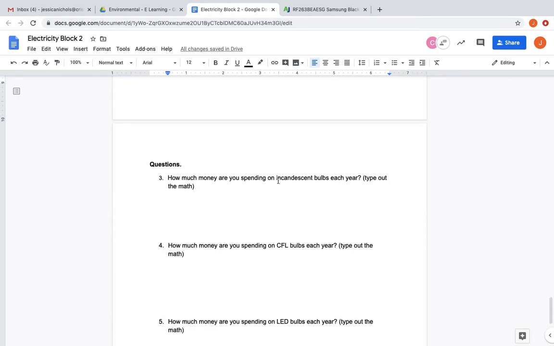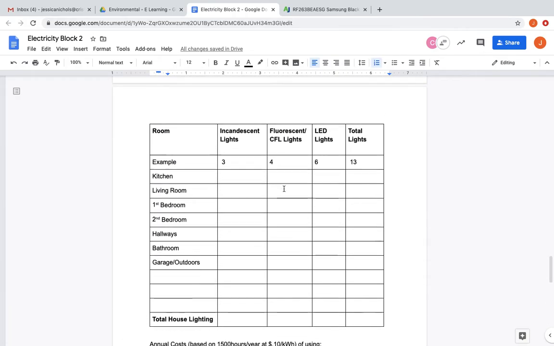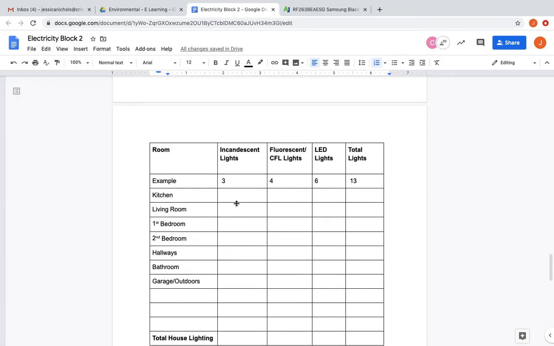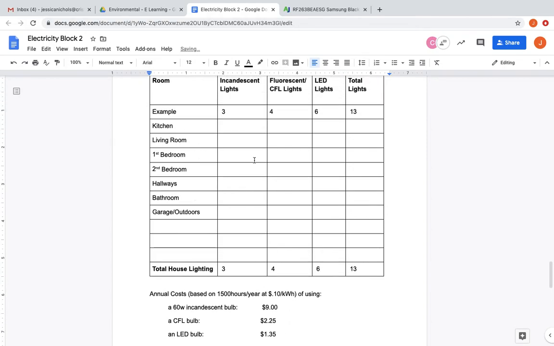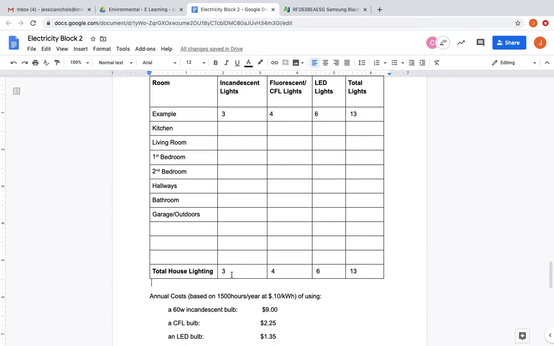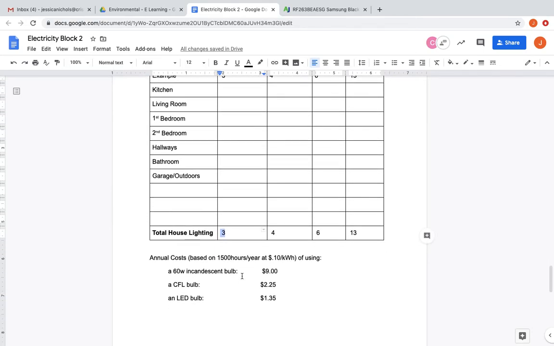So we're going to look at how much money we're spending on incandescent bulbs each year. So I'm going to go up to my incandescent bulbs, and in my house total, let's pretend that's my only room in my house. Okay, so you're looking at these numbers down here. Your total incandescent lights in your house is this number right here. It's going to be bigger than 3. So for me it's 3. So we're looking at our total incandescents.